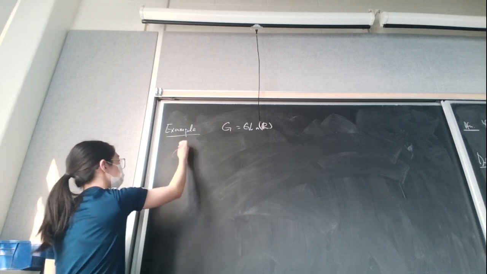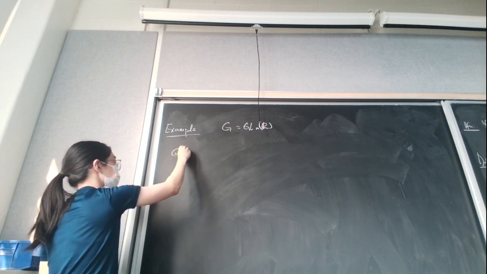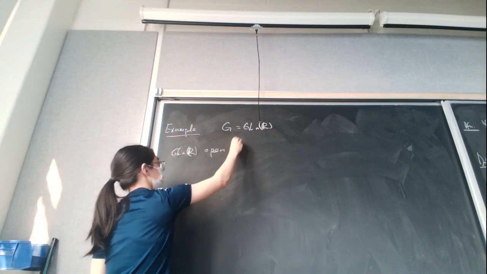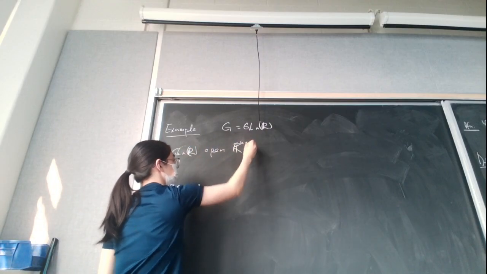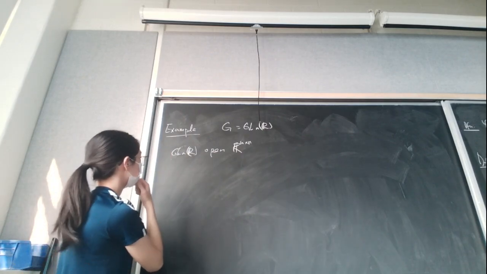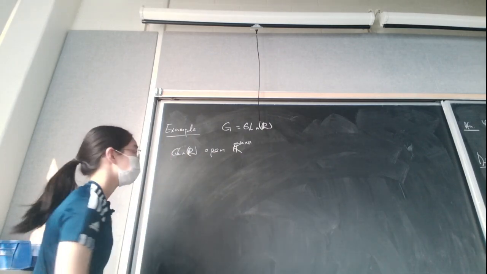Maybe I should just say GL_n(R) is open. And this is because, let's just show the complement is closed.